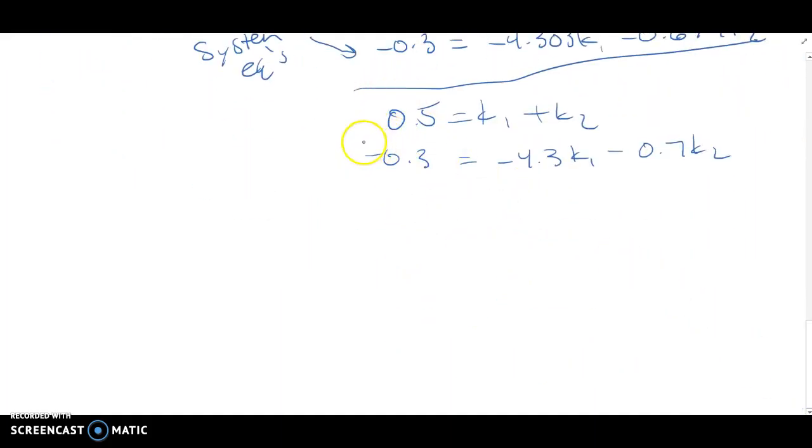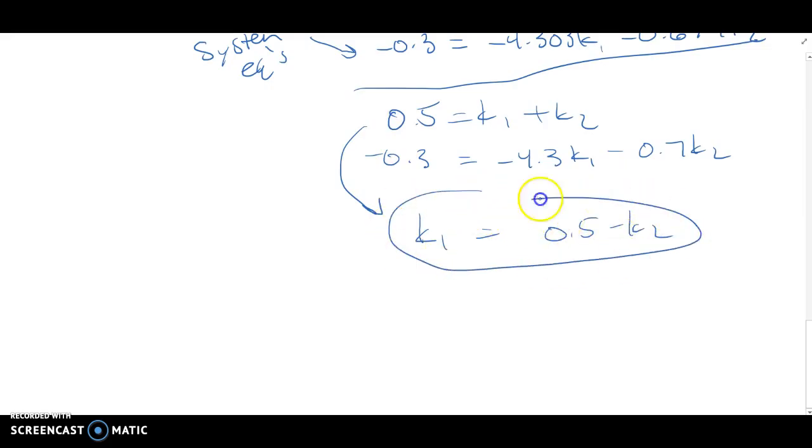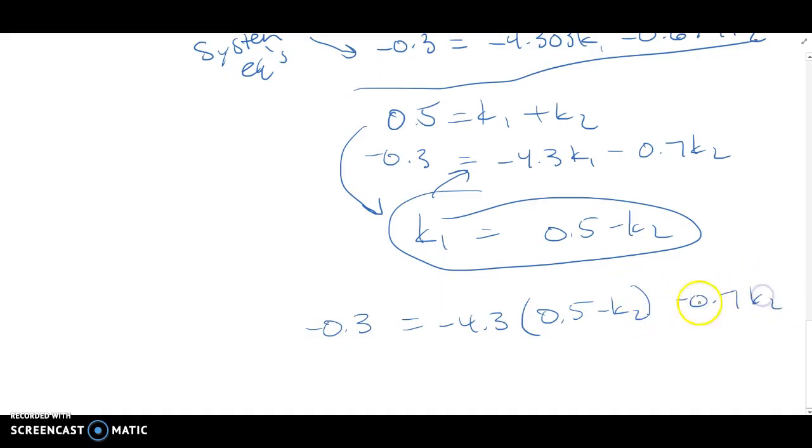How do I do it? From algebra, we can solve for one of the variables in one of the equations, and that's easiest to do in the first equation. So k1 is equal to 0.5 minus k2. Now I can plug this into the second equation and get negative 0.3 equals negative 4.3 times k1, well, k1 is 0.5 minus k2, minus 0.7 k2.